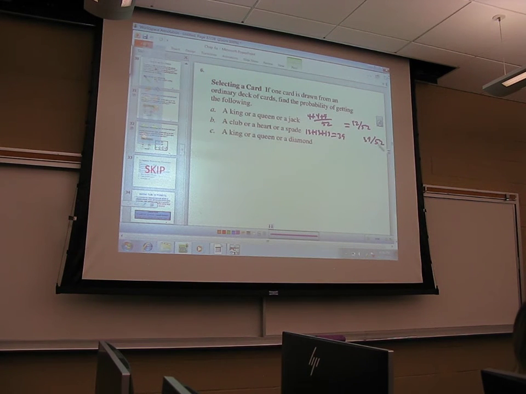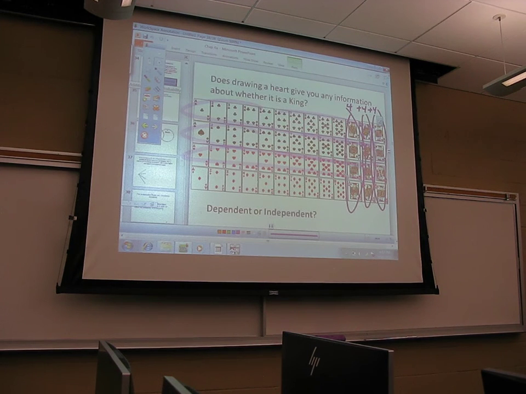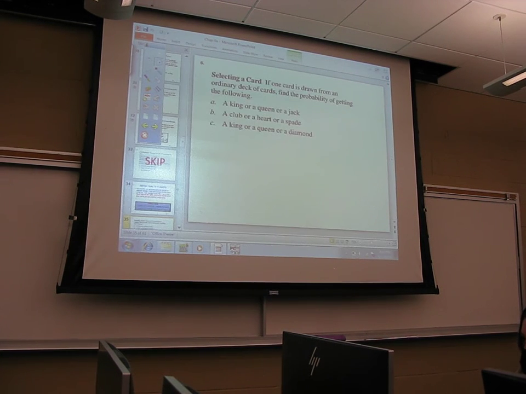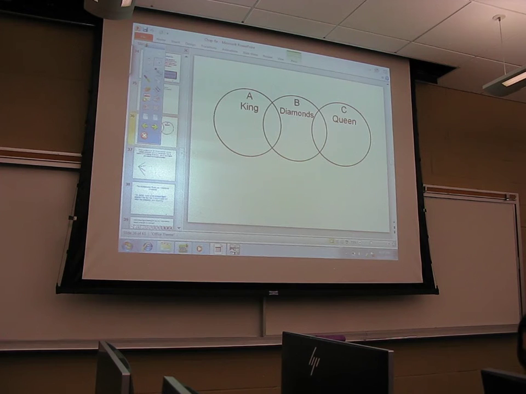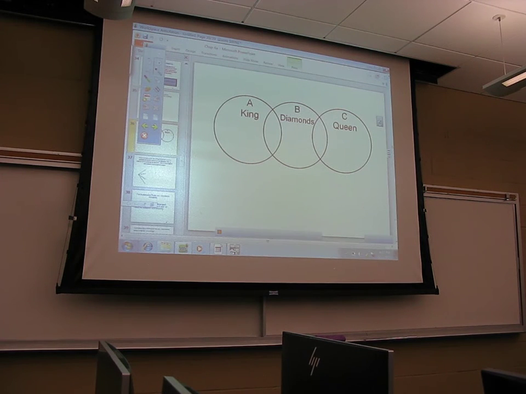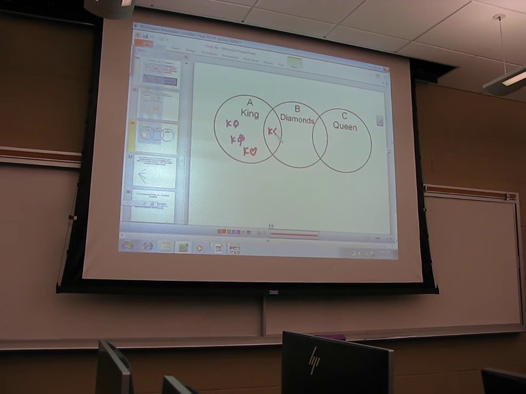Now it gets a little bit tricky. Queen or a club or a diamond. Okay, so that's not as easy because we have some overlap in there. So here, if I kind of think of it, I have the king of spades, the king of clubs, the king of hearts, and the king of diamonds.